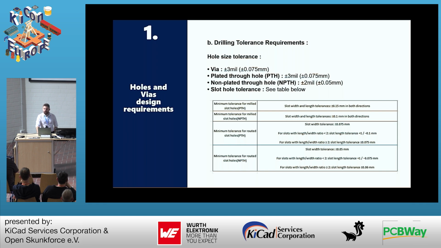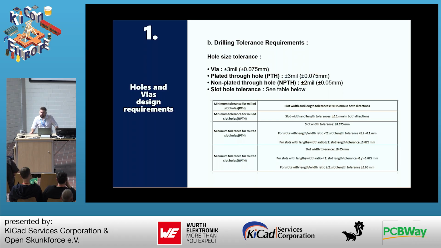Then regarding the drilling tolerances, for vias the tolerance is more or less 0.075 millimeters. For PTH, it's the same value, but for NPTH, we can go up to 0.05 millimeter.